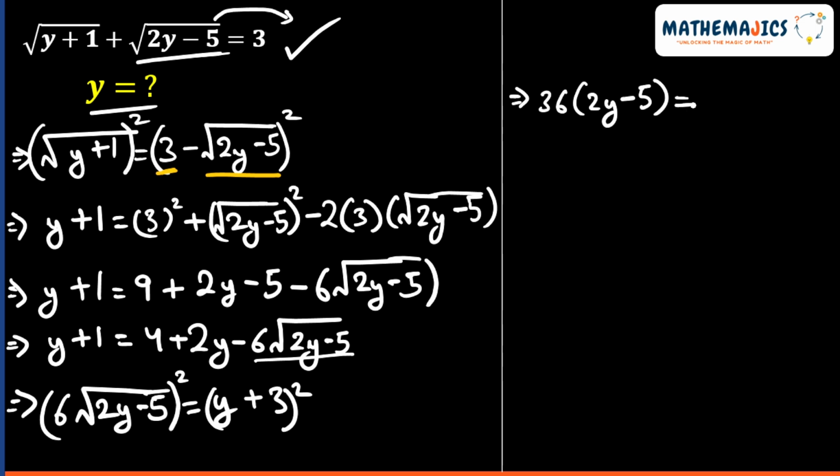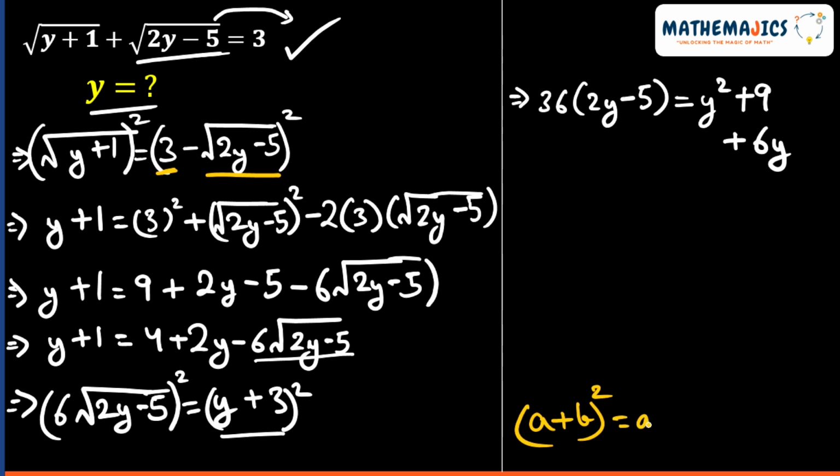On the right hand side, we will be using the algebraic identity a square plus b square plus 2ab, that is y square plus 9 plus 6y. Okay, so we have actually used one algebraic identity which is a plus b whole square, which is a square plus b square plus 2ab. Here a is like y and b is 3.